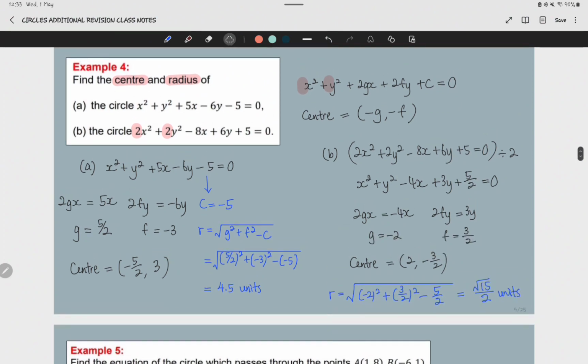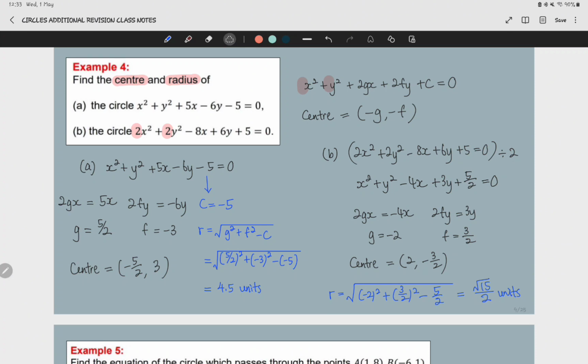So remember, in circles we have 2 general equations. One is the x minus h squared plus y minus k squared form, like what we learned in locus last time. Another would be x squared plus y squared plus 2gx plus 2fy plus c equals 0. Wow, sounds like rapping.